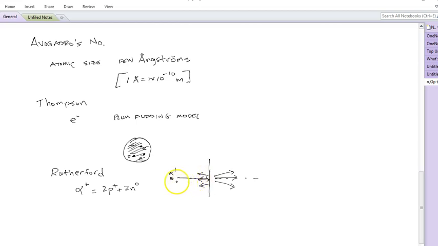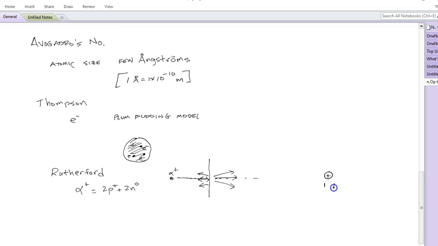And Rutherford is really perplexed. In fact, he does the calculations and he says, look, to explain the backscattering of these alpha particles, this positive charge of the atom is going to have to be extremely concentrated to a very tiny volume.